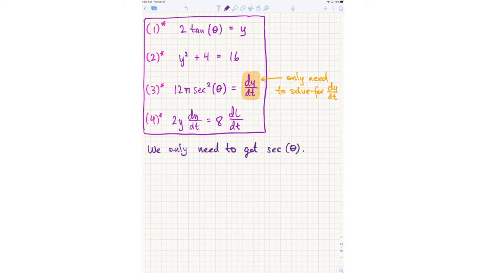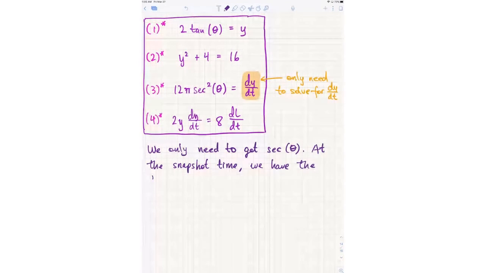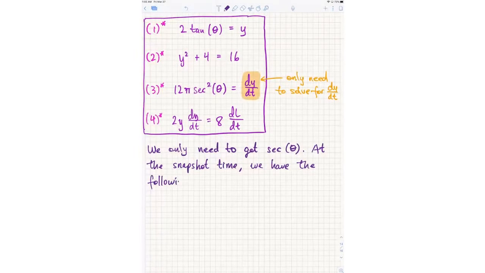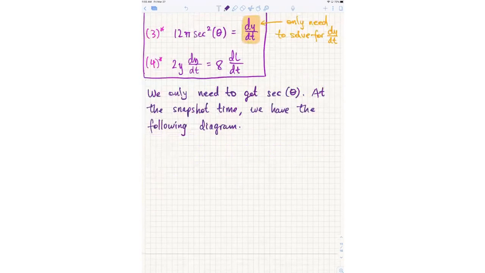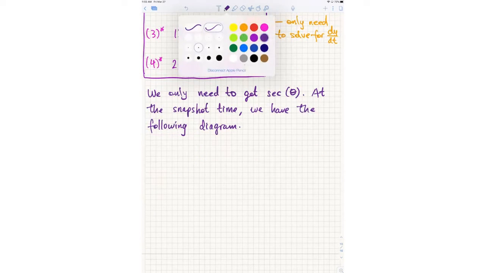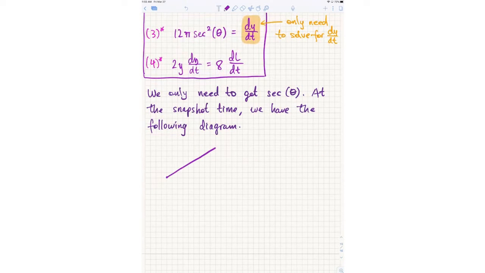For that, I'm going to draw a diagram. So at the snapshot time, we have the following diagram. Draw the triangle.